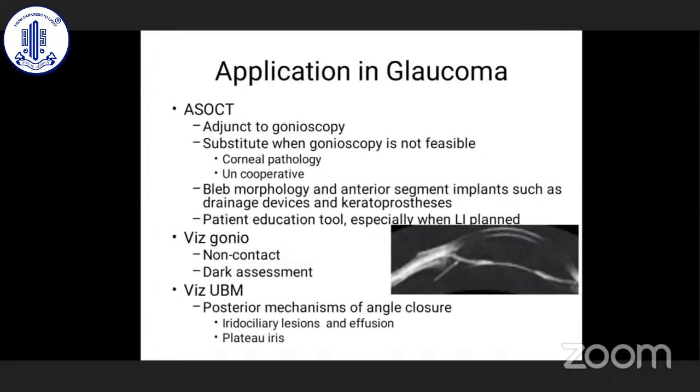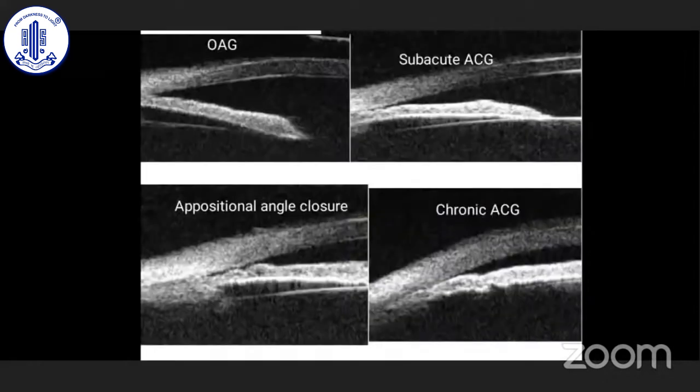Also with pigmentary glaucoma, as some of the pictures are showing us, and plateau iris. So I'll show you some pictures. Open angle glaucoma, I told you it's very good to educate the patient. Look at the picture: open angle glaucoma, absolutely open angle. Subacute ACG on the right side, appositional closure in the lower left side, and chronic ACG.